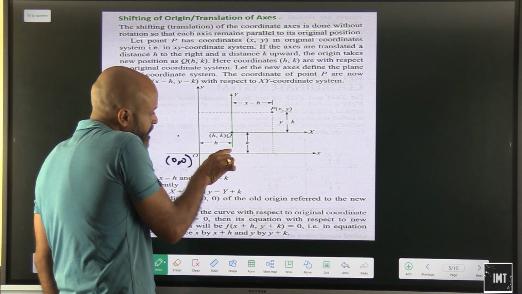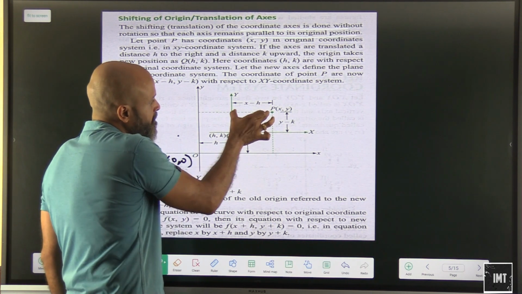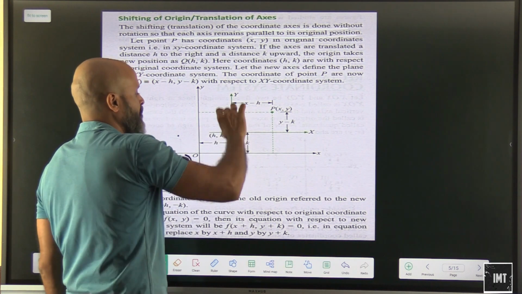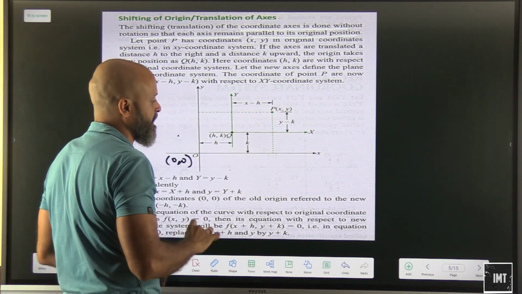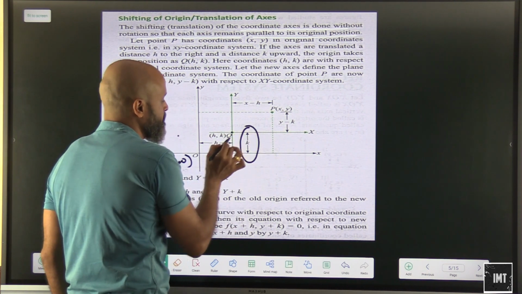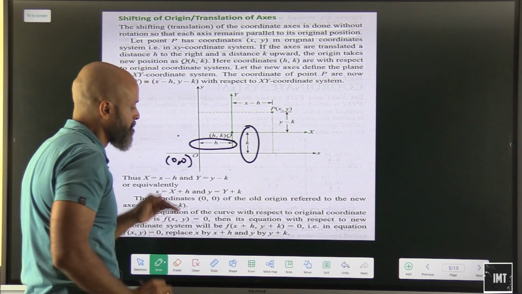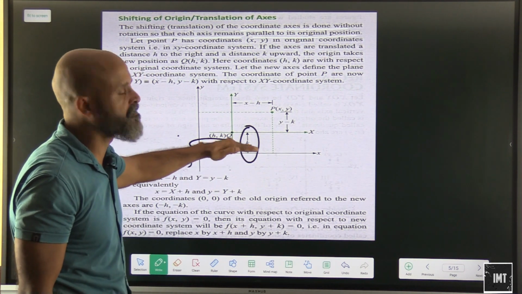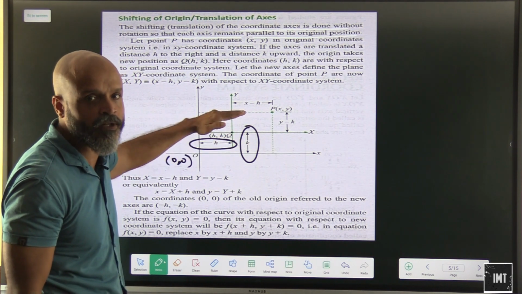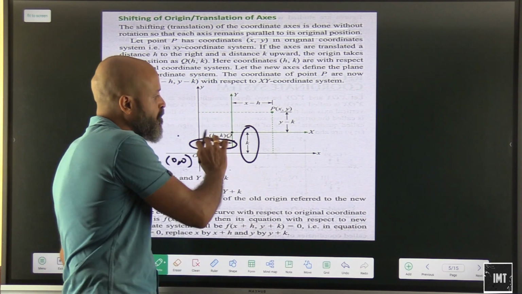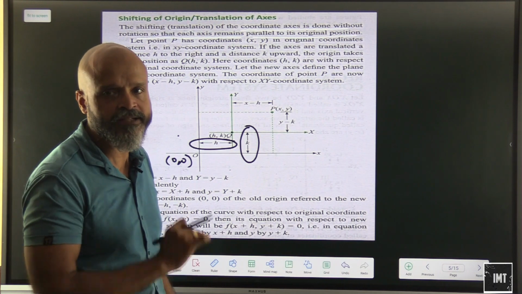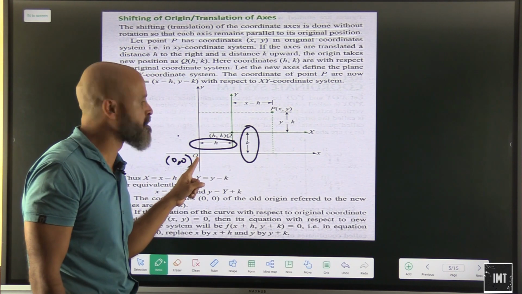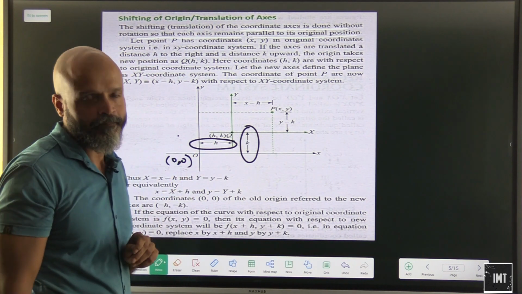Now if we have shifted the origin by a distance h towards the right, and up by a distance k, which means the new axes are parallel to the original axes, then instead of 0 0, now the point is h and k.